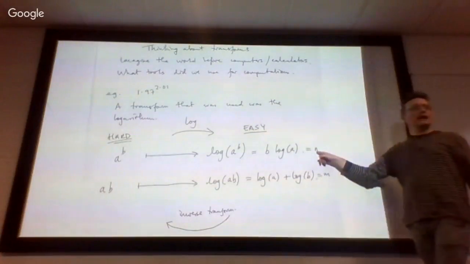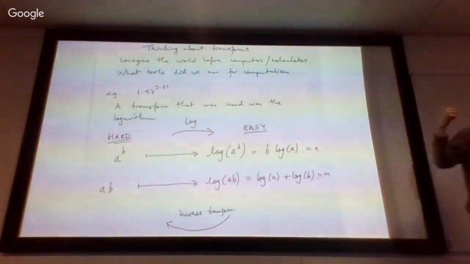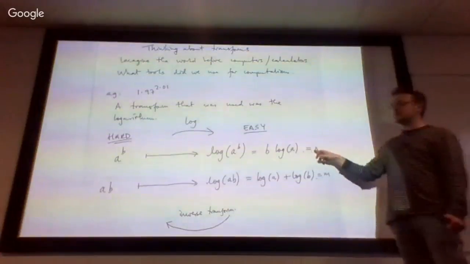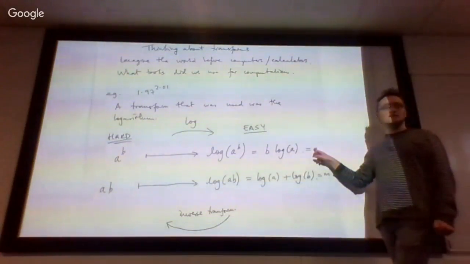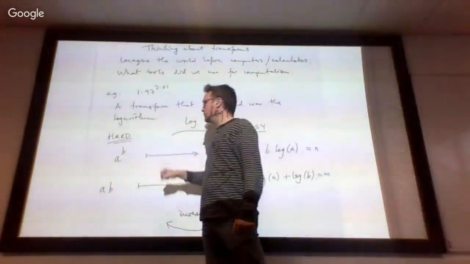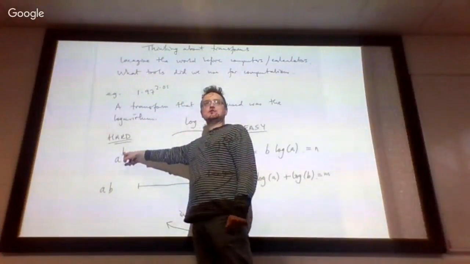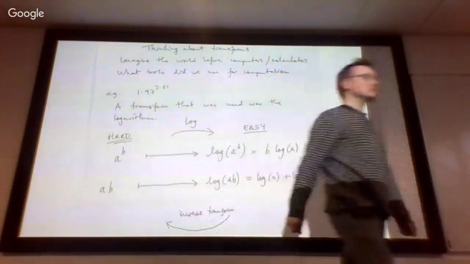You'd obtain a value n, then you'd get out your exponential table, look up the value n, and work out its exponent. That gives you an approximation to the value a to the power b.